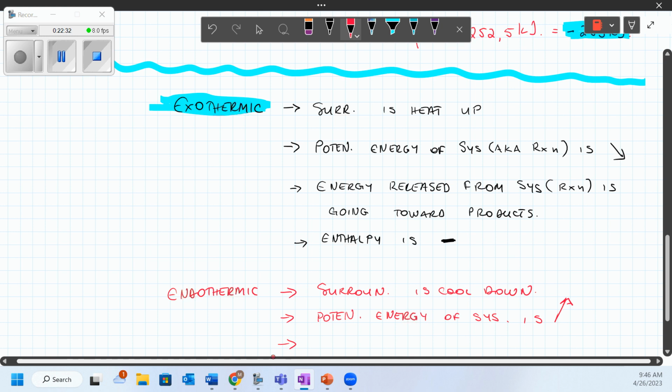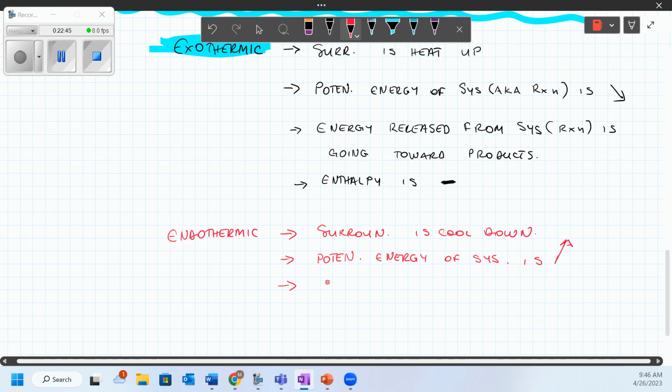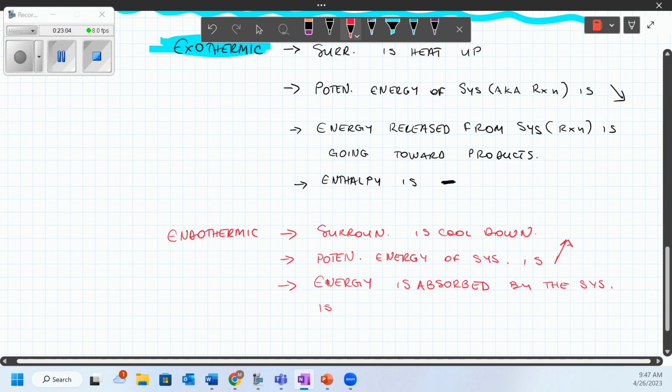If it is increased, this energy is absorbed by the system. And every time that we say the system, it means the reaction, and the energy is going toward the reaction.